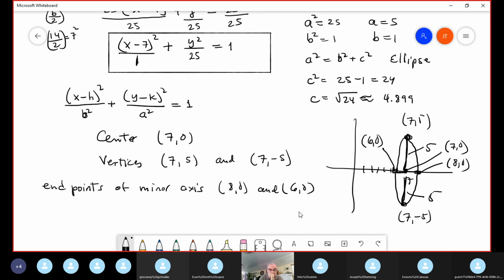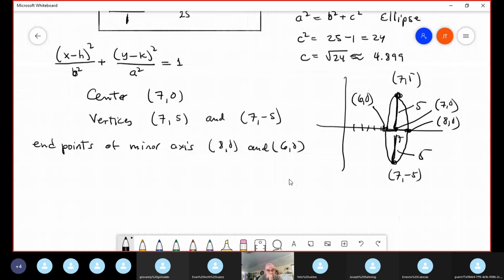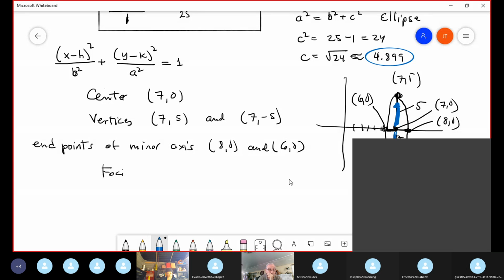The last one is the focus. But the focus is easy, because the focus is on the major axis. Look, what distance? The c distance, this c is that number. I suppose this distance is this distance, and the focus is here, very close to 5.